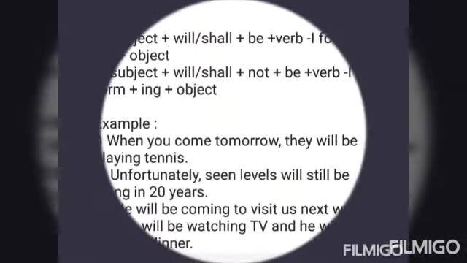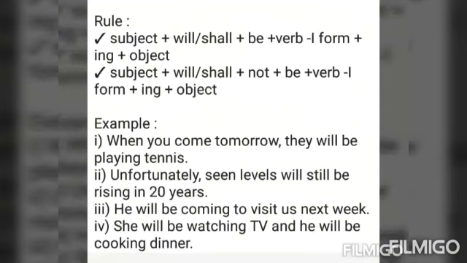Now here come the rules for future continuous tense. See, here we have subject plus will/shall plus be plus verb first form plus ing plus object. Next we have subject plus will/shall plus not plus be plus verb first form plus ing plus object. Okay, these are the rules for simple and negative sentences in future continuous tense.